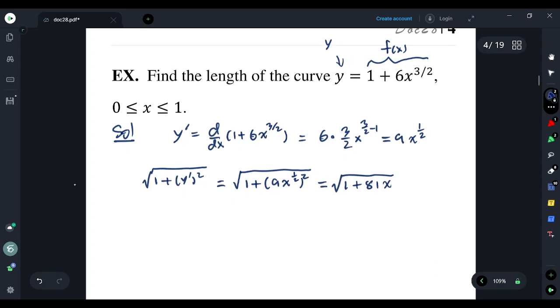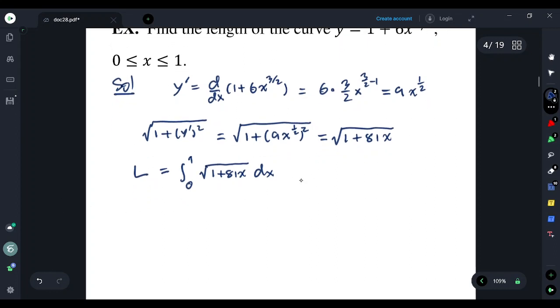Okay, so now we can calculate the arc length to be the integral from 0 to 1 of the square root of 1 plus 81x dx. Then we make a change of variable: let 1 plus 81x be u, which means dx is equal to du over 81.